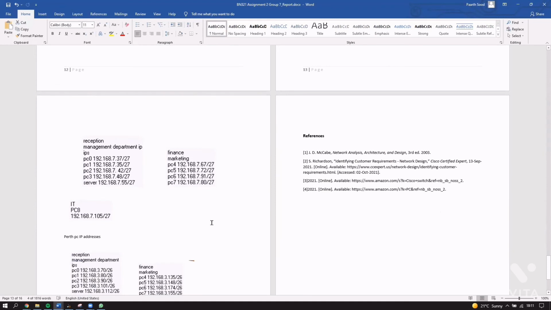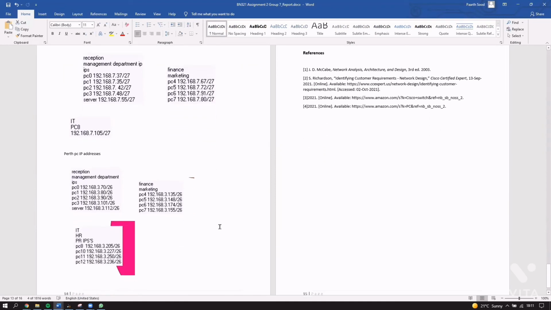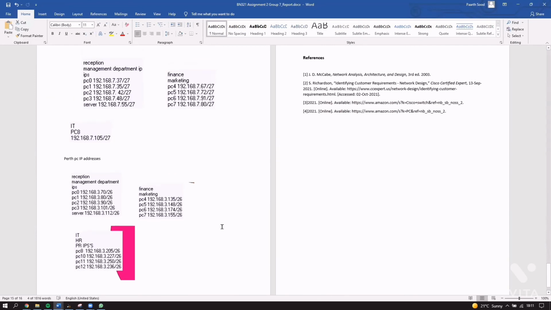As you can see, the IPs for each PC were masked with the same mask of 27, and for Perth it was also 26.